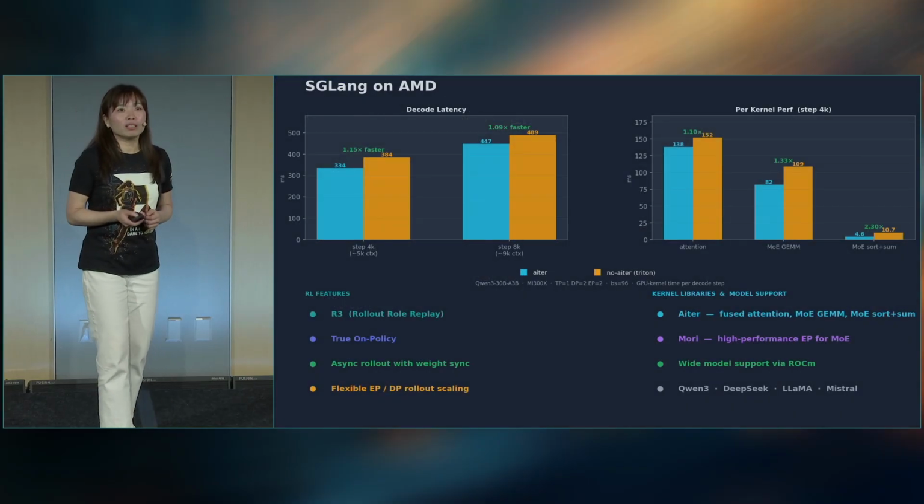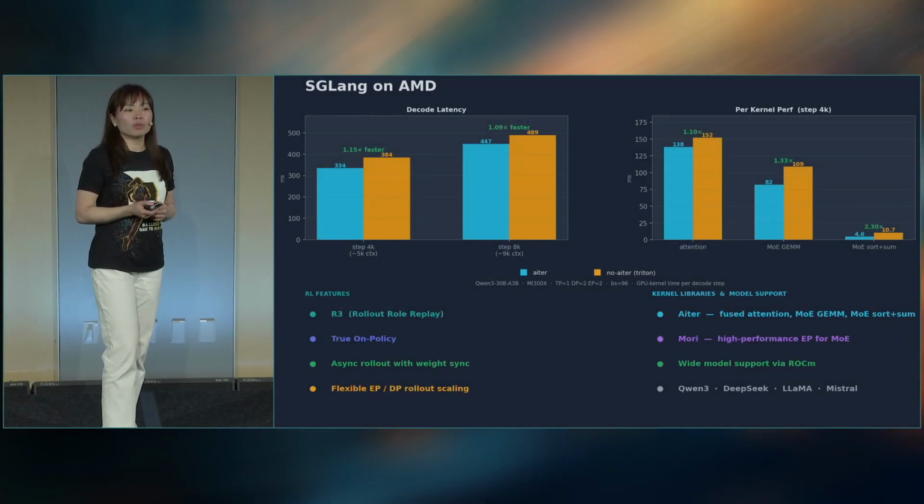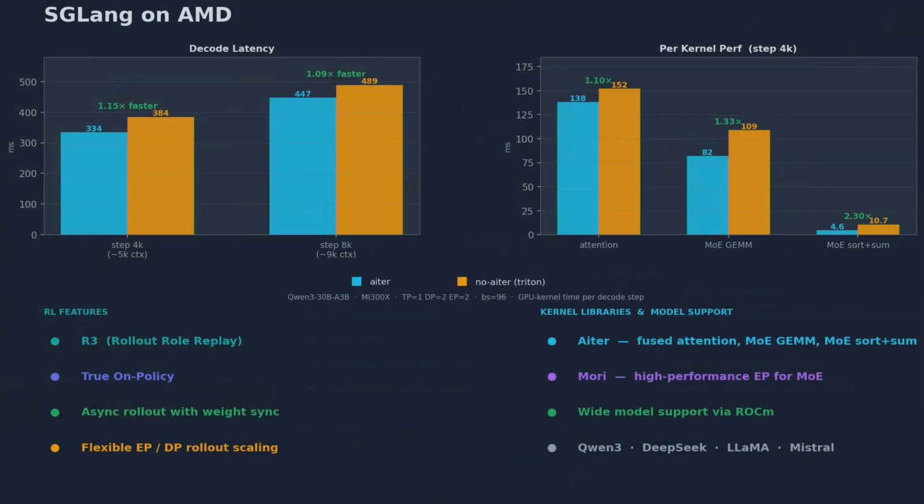Let's look at the rollout phase with SGLang support on AMD. This experiment is based on the Qwen3 30B-A3B model running on MI300X. The left figure shows end-to-end decode latency. With the optimized kernel stack, we see a speedup of 10 to 15%. This is due to multiple kernel updates, including the attention kernel, MoE GEMM kernel, and MoE routing kernel.